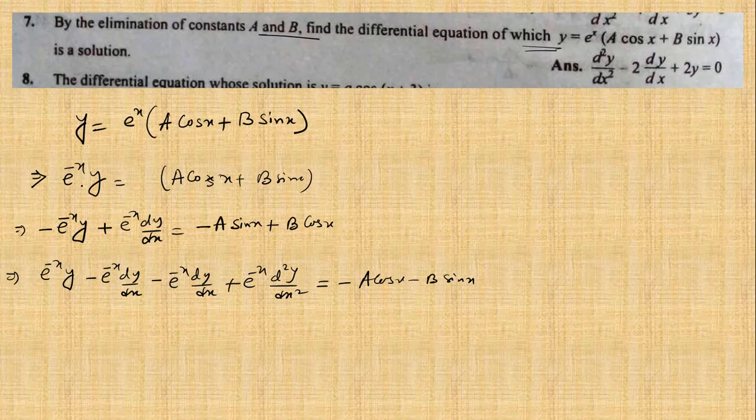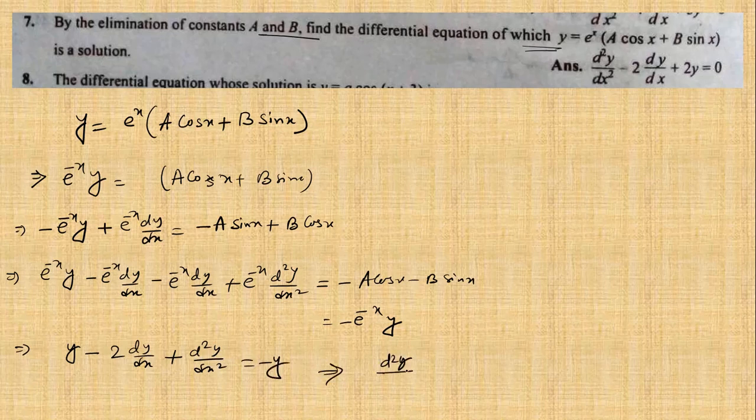So this is nothing but minus e^(-x) y. The e^(-x) cancel out, you will get y minus 2 dy/dx plus d2y/dx square equals minus y. So this gives you d2y/dx square minus 2 dy/dx, and this y on the left-hand side gives you plus 2y equals 0.